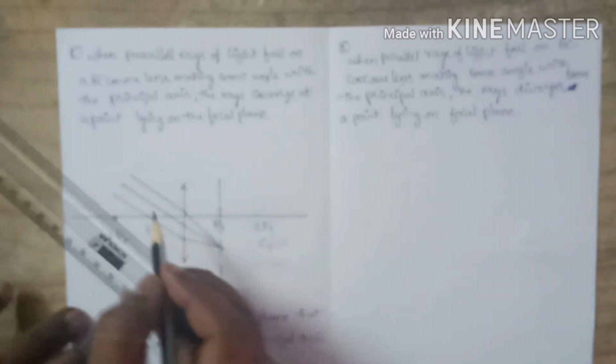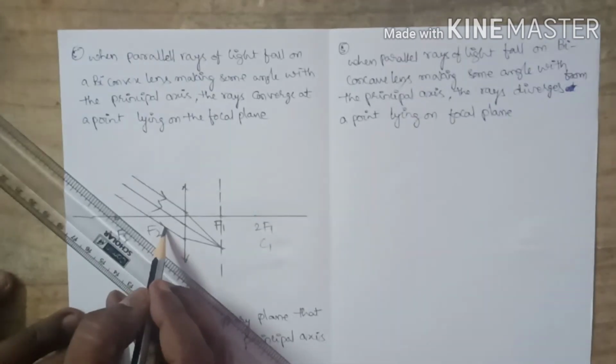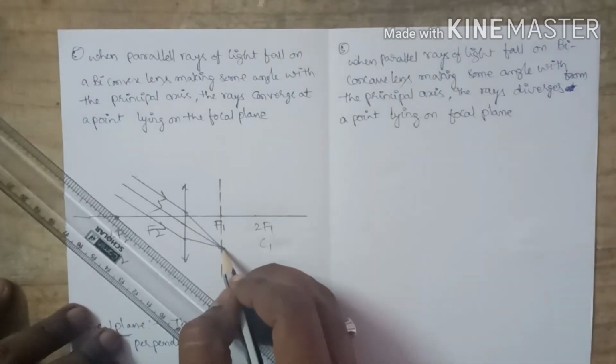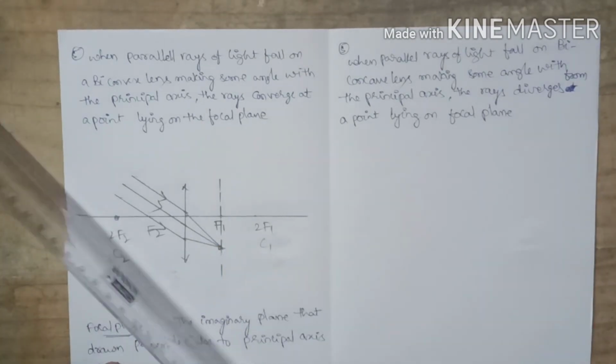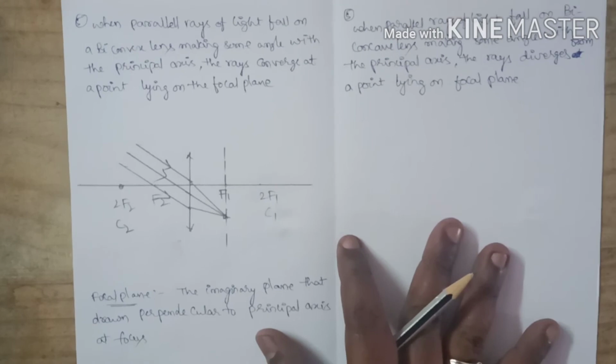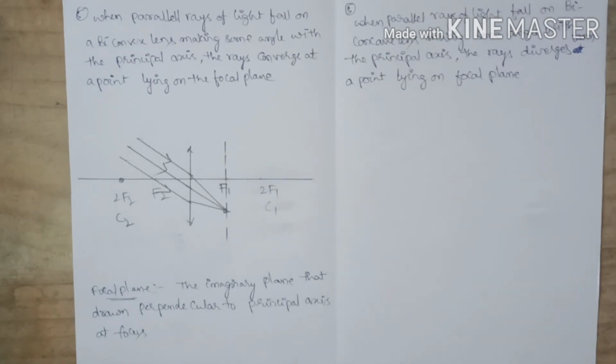So, here also the light rays are traveling parallel to each other and they meet at a point. That point is located on the focal plane. Now, see here, the definition of the focal plane is given: the imaginary plane drawn perpendicular to the principal axis at the focus, either for a biconvex lens or a biconcave lens.